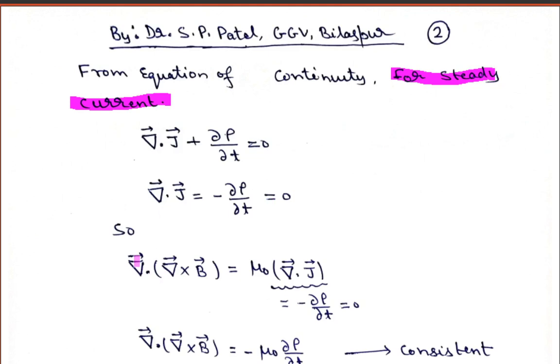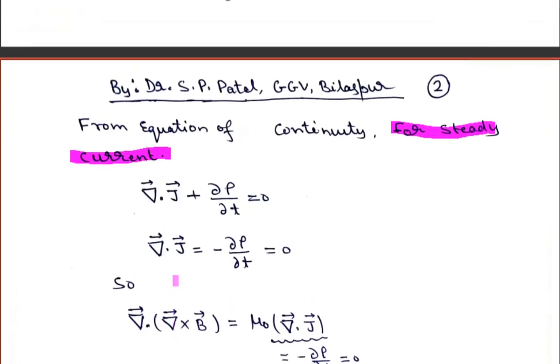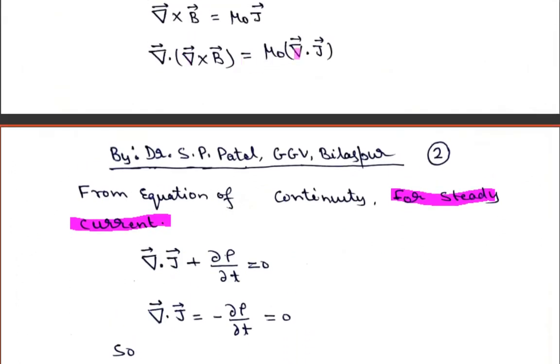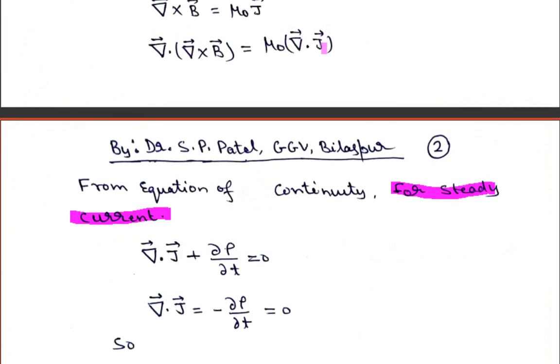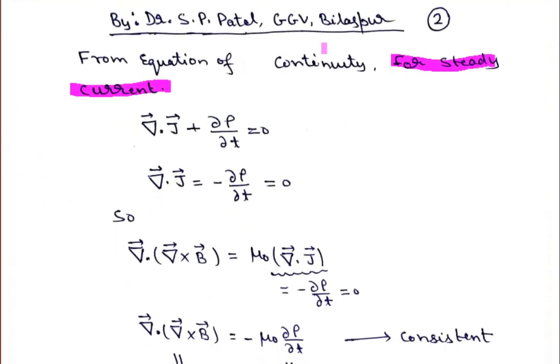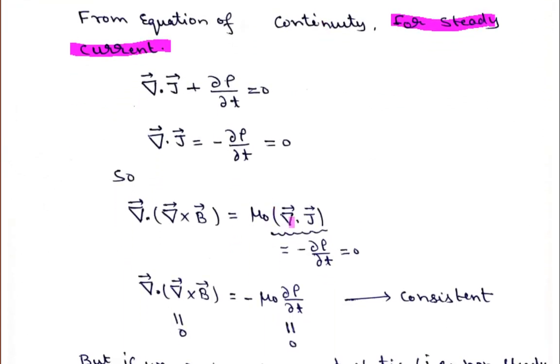That means the divergence of curl of B, the left hand side from the previous equation that I was explaining here, can be written, in place of divergence of J, as minus del rho upon del t, and this minus del rho upon del t we know is equal to 0. The divergence of curl of any vector is an old rule, always equal to 0.